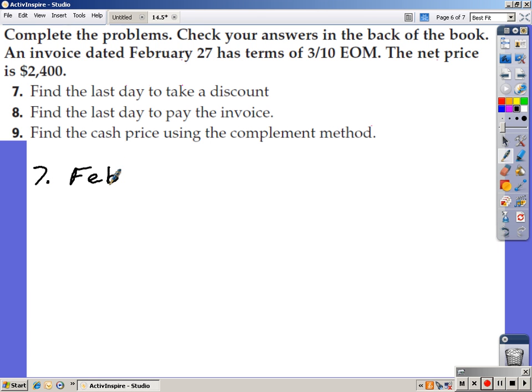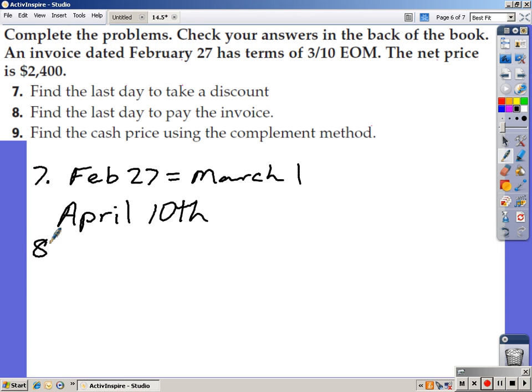So February 27th is equivalent to March 1st. Okay? So it's end of the month. Since my official billing date is March 1st, I can go until April. Just go to the next month. 10 days in, April 10th.